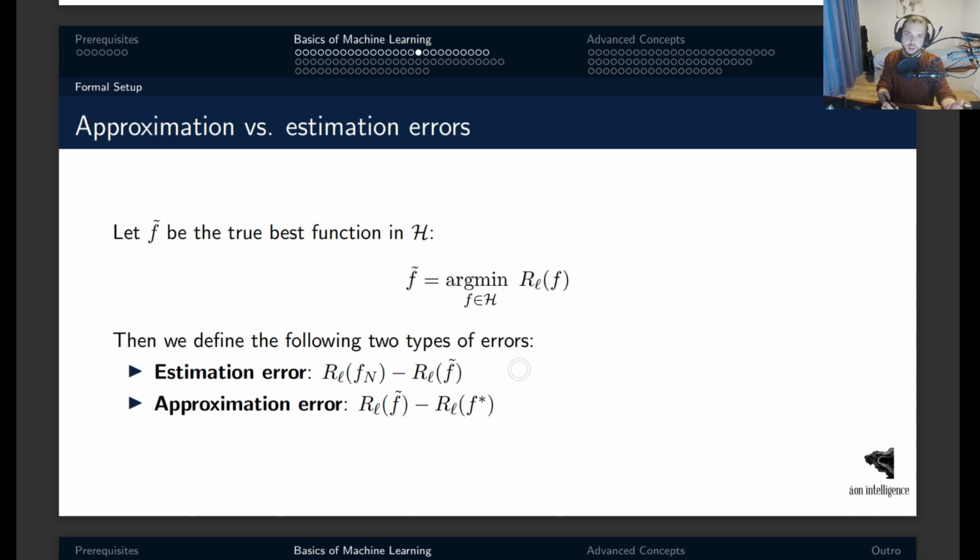Now, using the empirical risk minimization procedure, we will produce two kinds of errors.